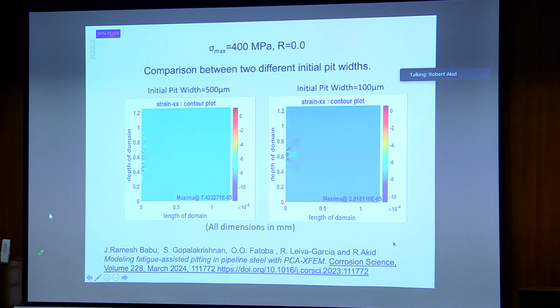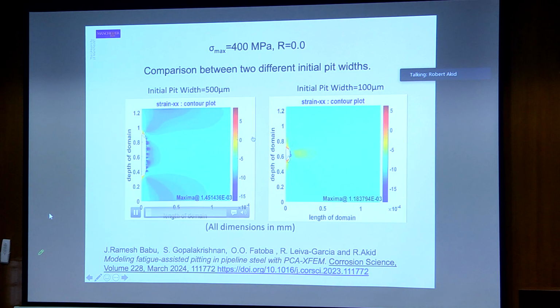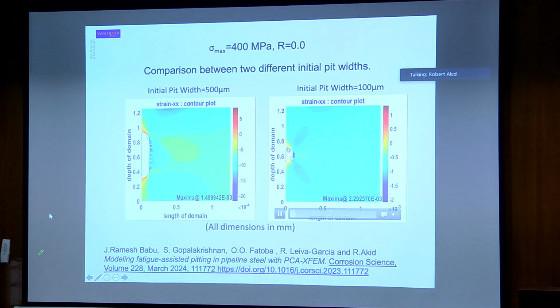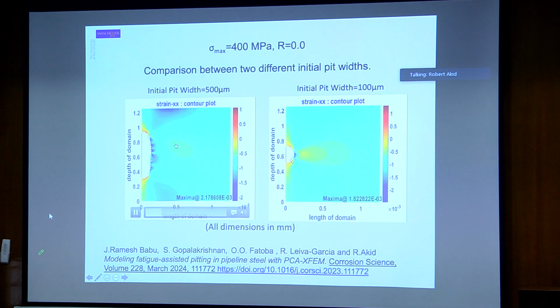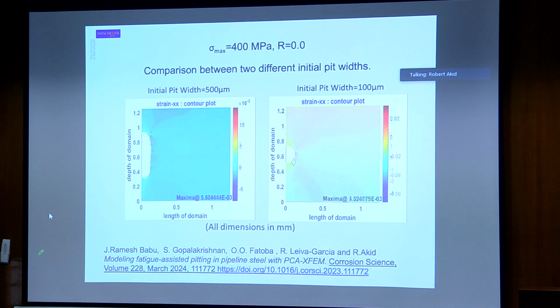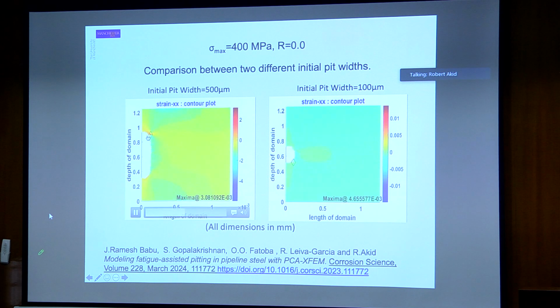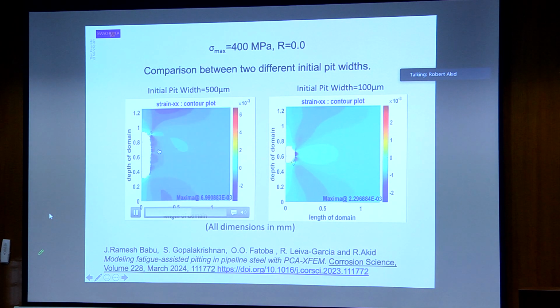The outcome is a result where we find pit development. The triangles are the point of highest strain, and we've got two different pits here at different sizes. You see that the crack does not initiate at the base where we have the highest stress, but closer to the surface of the sample where there's a strain localization.